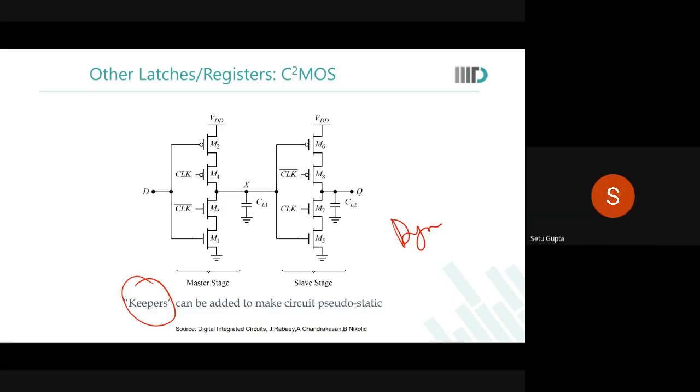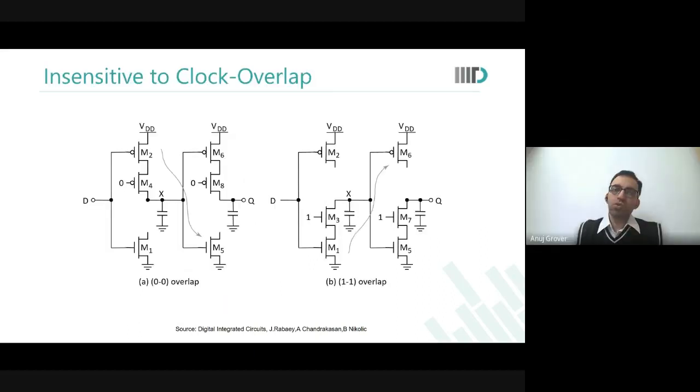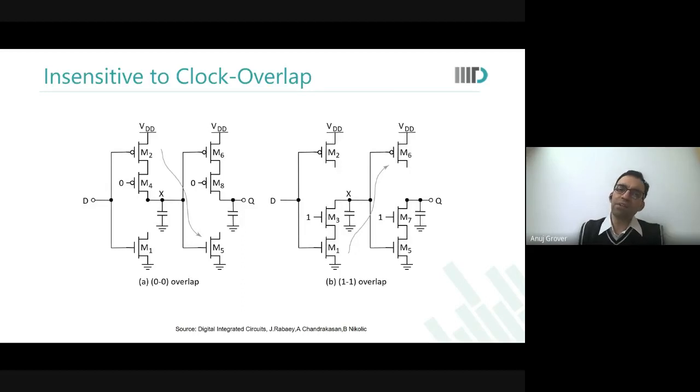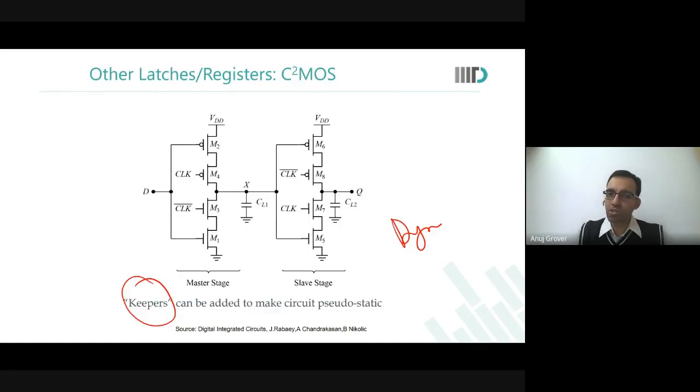Okay, thank you. So what is the benefit of C2 MOS, this kind of a register or a flop? It is that even if there is an overlap in the two clocks, there are no short circuit currents. There is no challenge that you will see at the output. But otherwise, all the other problems, that this is dynamic in nature and everything, exist.